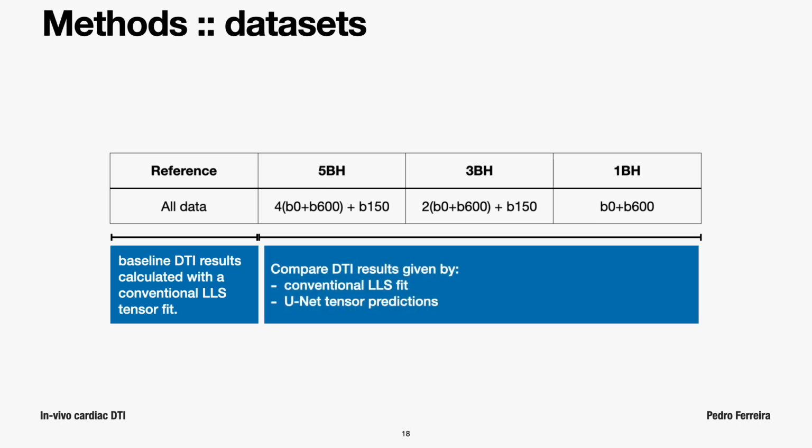And then we have 3 smaller datasets that were retrospectively created by reducing the number of repetitions, named here based on the set number of breath-holds required: 5, 3, and 1 breath-hold only. The reference DTI results were then compared to the DTI results from the reduced datasets when using the U-Net generated tensors and the conventional linear least squares tensor fits.